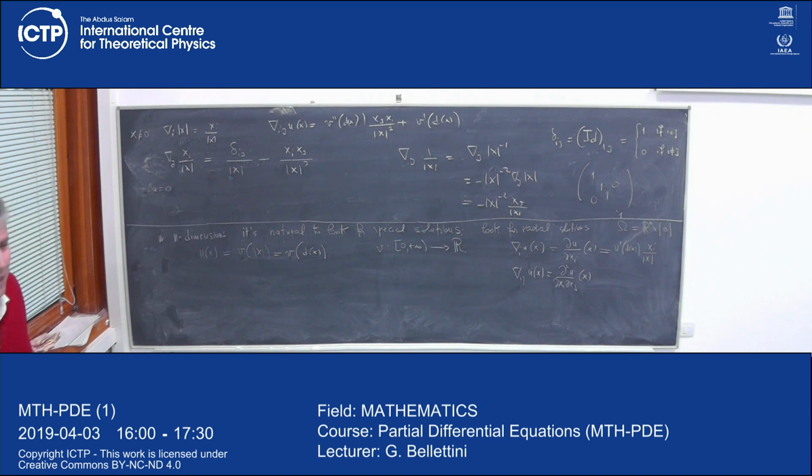Is it 3 or 2? We have to check. No, this is not minus 1. This is a square root of something, minus 1 over 2.